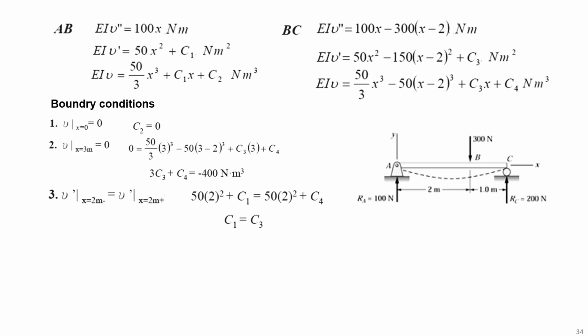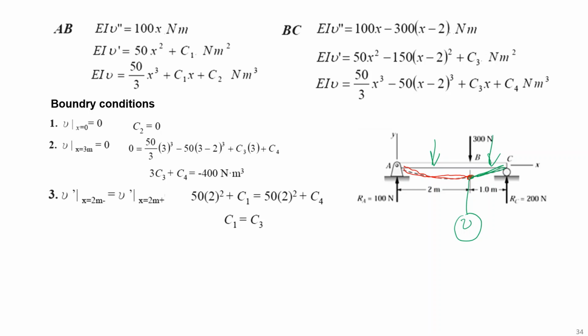Additional boundary conditions are for point B. You see point B is on the curve AB and also on the curve BC. This point B has a deflection V, and this V value, when you calculate it for AB or BC, must be the same.